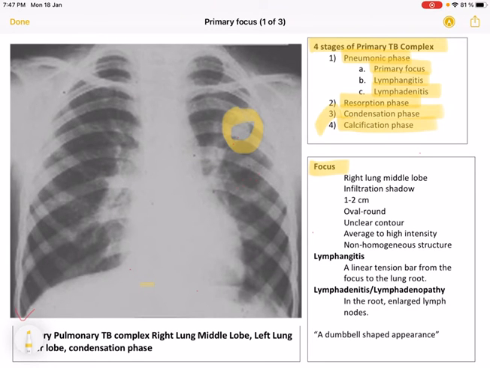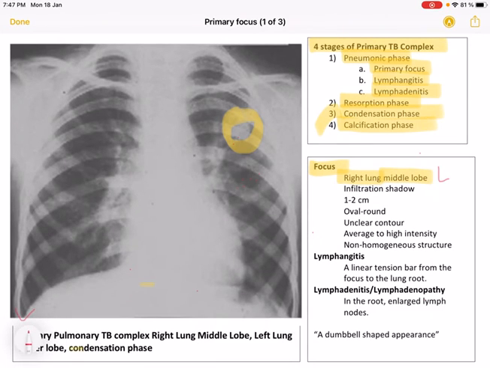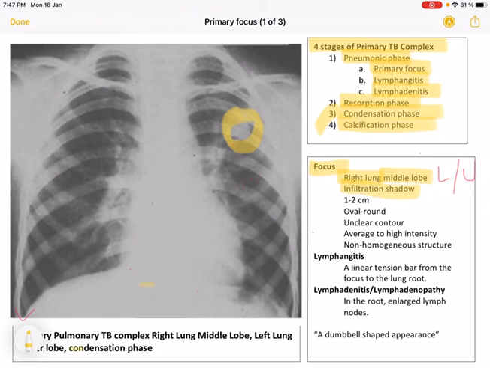It is present in both the right lung middle lobe as well as the left lung upper lobe. The second property: it's an infiltrative shadow, which is now converting into a calcification form, the condensation phase. The size is approximately 1 to 2 centimeter. The shape is approximately round to oval.